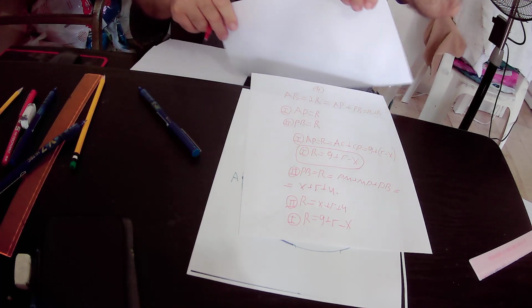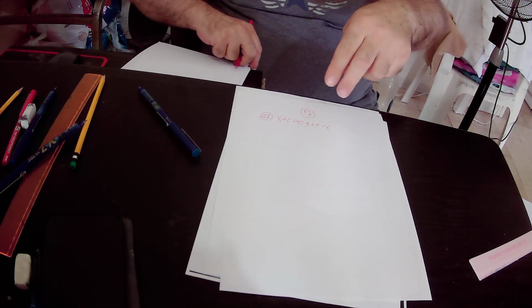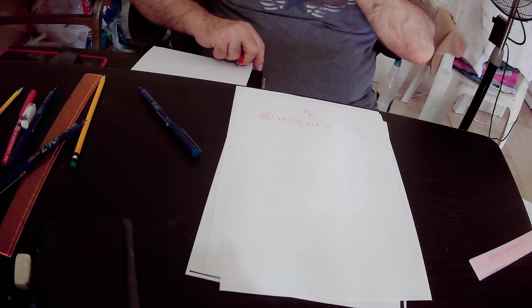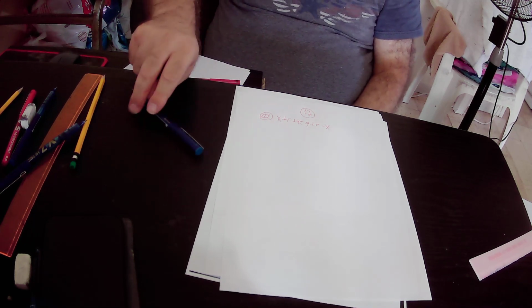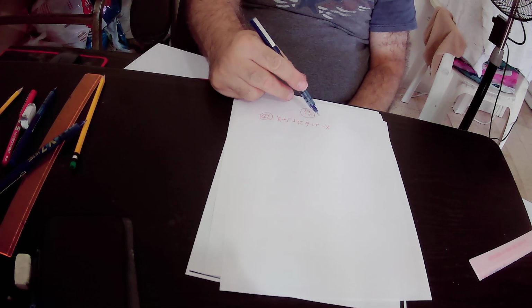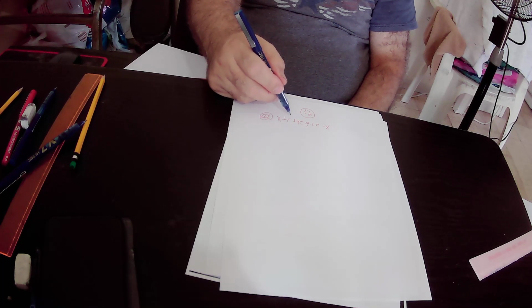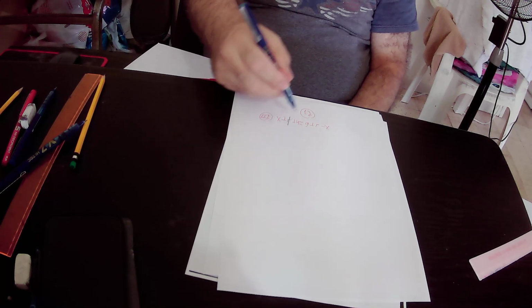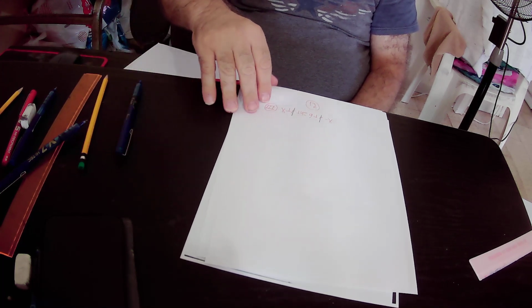So here we have small r on this side of the equation, and we have small r on the other side of the equation, so we can cancel r. What is left after we cancelled r?